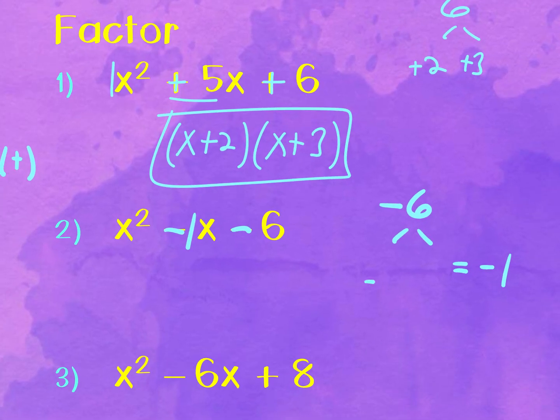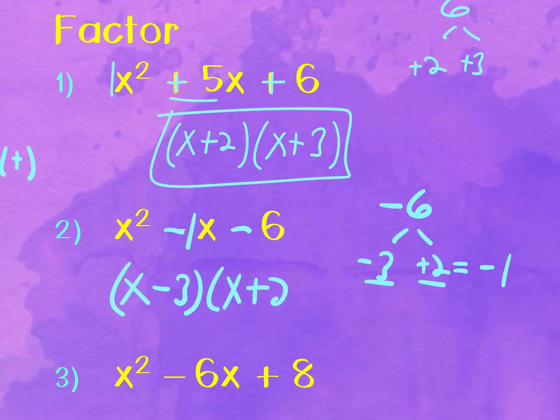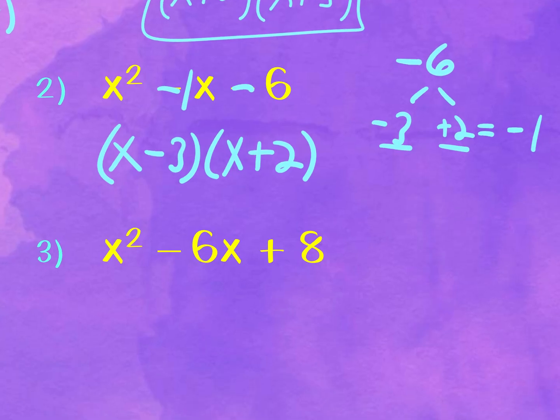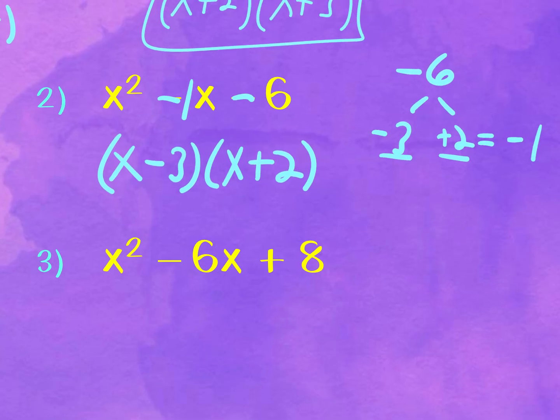So what 2 numbers do we think? Good, right? Negative 3 and positive 2 multiply to negative 6 and add to negative 1. So this is going to be x minus 3 and x plus 2. The order doesn't matter as long as the signs are with the correct number.